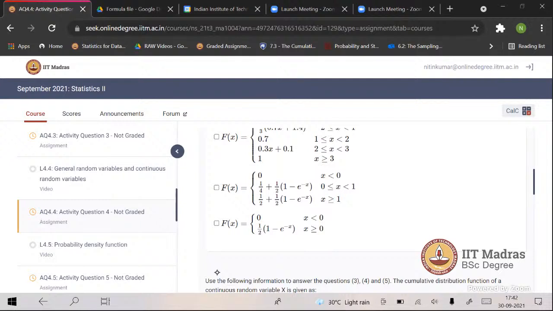Yes, it becomes 1/4 plus 1/2. Why is there a jump at 0? You are asking about the third one or the fourth one, sir? Fourth one. Okay, I was probably answering the third one. Sorry, sir. Yeah, the third one is not continuous because there is a jump at 0. Yeah, I'm asking about the fourth option.